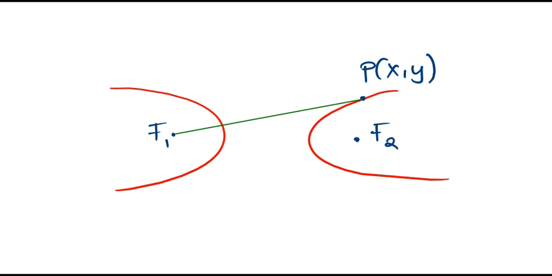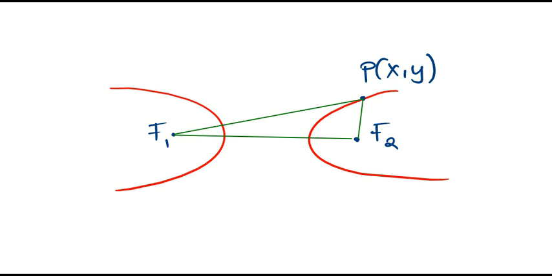Now what defines a hyperbola is this: if you try to measure any point on the hyperbola, let's say we take an arbitrary point, let's call it P, which is (x, y), and then we come up with two fixed points, let's call them f1 and f2, one from each parabola. The definition of a hyperbola is the difference of the distances from P to f1 and from P to f2.